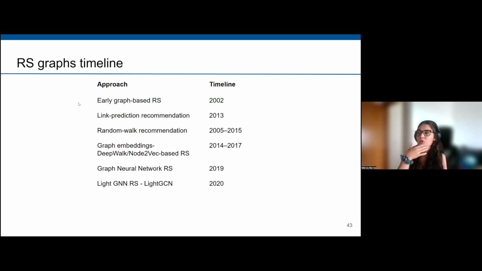But of course, the field evolved to link prediction recommendations, random walk recommendations, graph embeddings, graph neural networks, and most recently in 2020, LightGCN, which I put here because it's still one of the most used approaches in graph recommender systems.